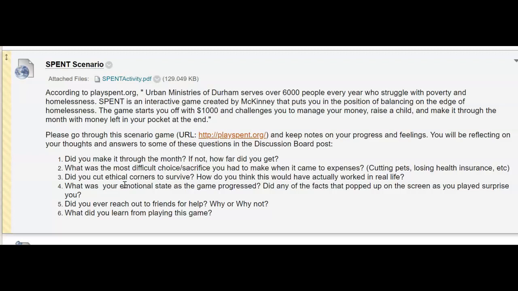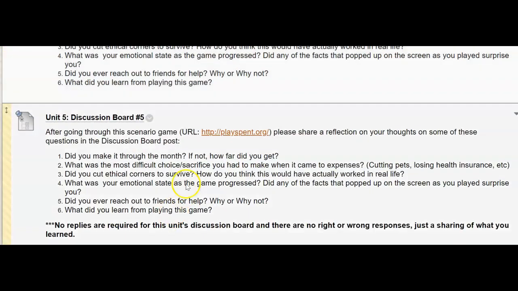So as you go through this, don't make it a long, lengthy process. I think a couple of students have gotten kind of caught up in it. So this isn't a huge activity. I don't want you to be spending more than probably about an hour in going through it, jotting down your answers to these questions, and then posting that as your discussion board.